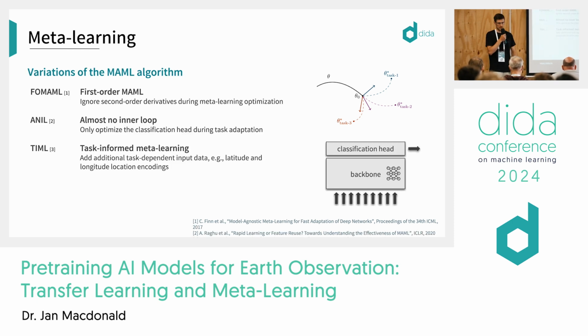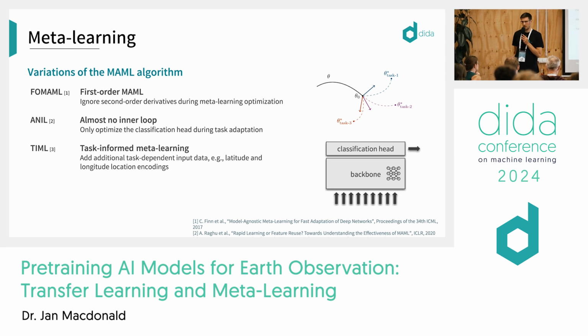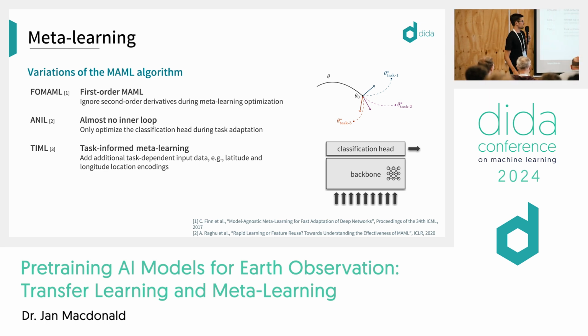There's one big downside to the MAML algorithm, which is the computational cost. In order to solve this bi-level optimization problem, it requires computations of second-order derivatives. And this can become quite costly. So there are some variants of MAML that try to overcome this problem and reduce the computational cost.